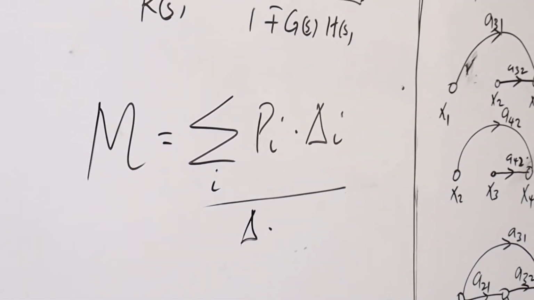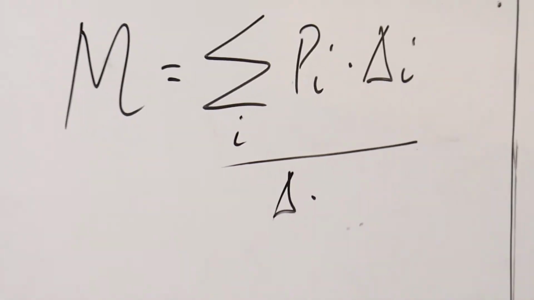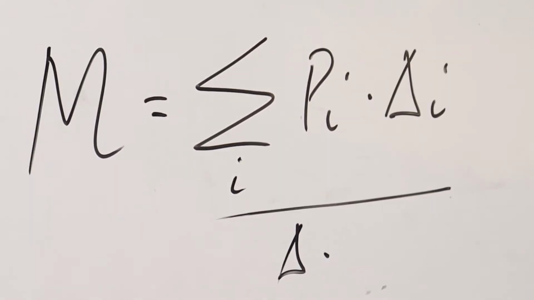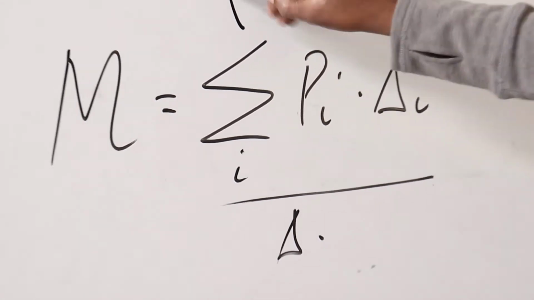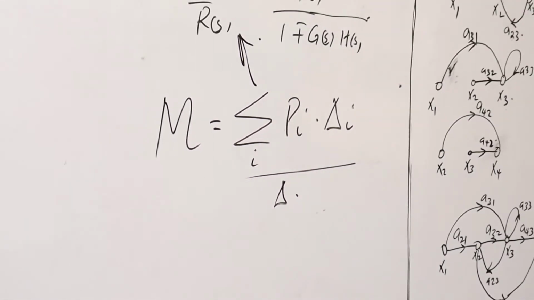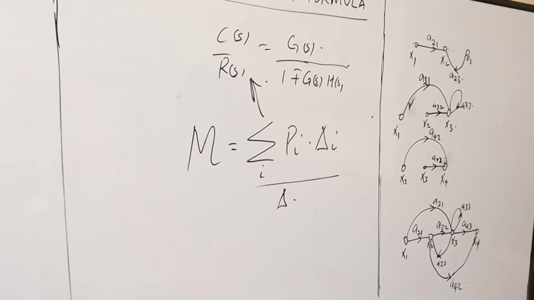So that is the Mason's gain rule. This is how we are going to get the transfer function. It will still give us the same thing, but now using inspection, and that is what we refer to as the Mason's gain formula.